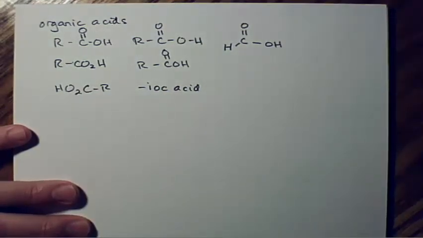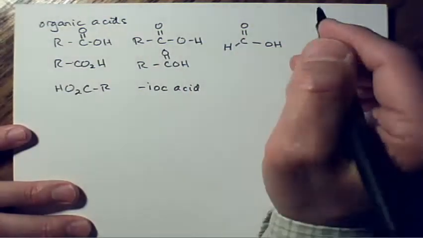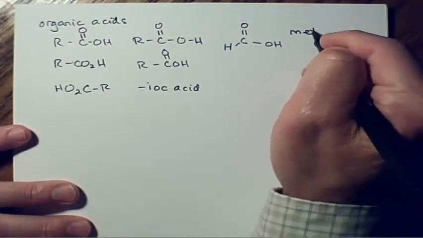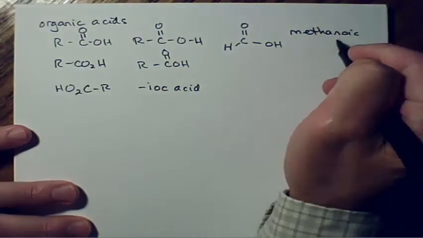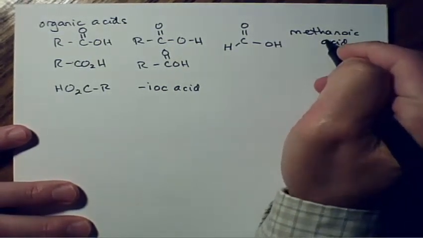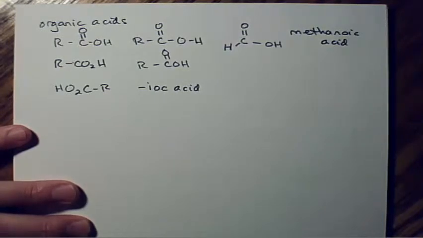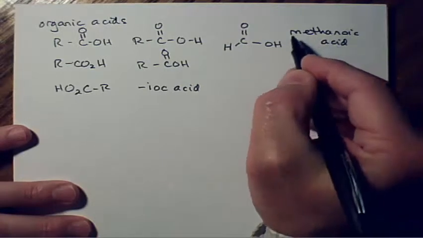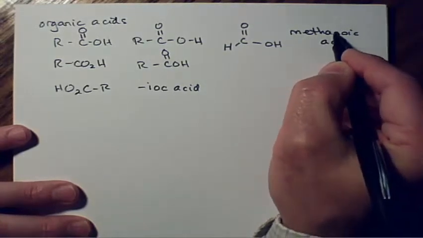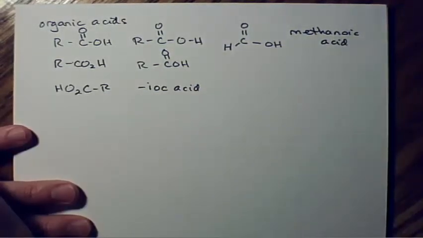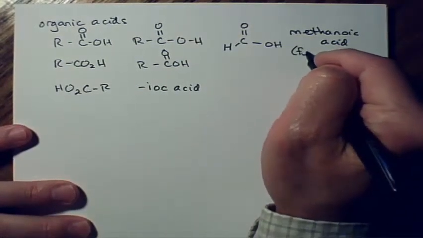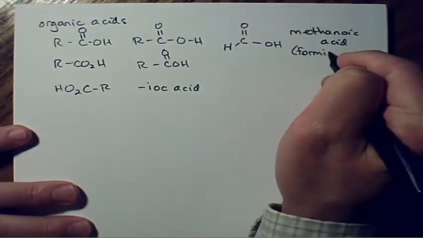Now, in the IUPAC system, the naming system from the International Union of Pure and Applied Chemistry, this is called methanoic acid because there's just one carbon, meth. There's no double bonds or triple bonds or any other functional groups to affect the suffix -ane, so it's methane, and then you put -oic acid on there. A common name for this is formic acid.